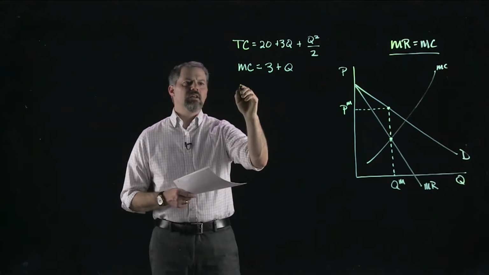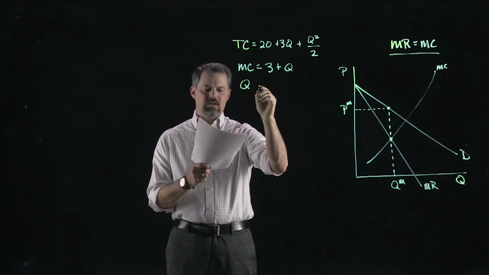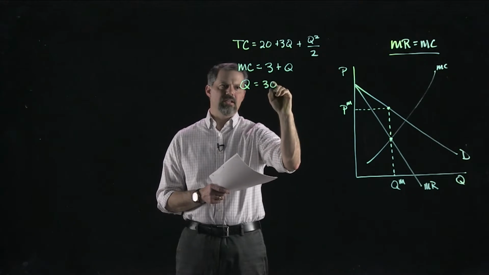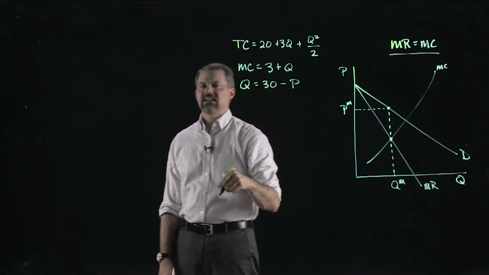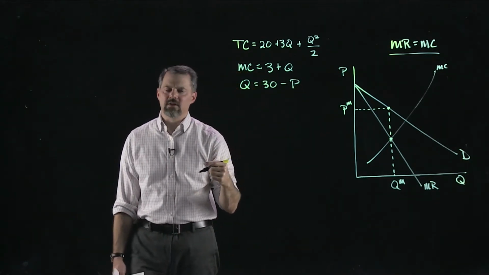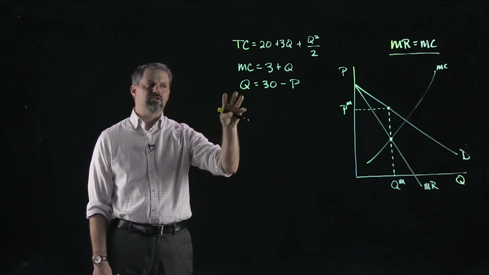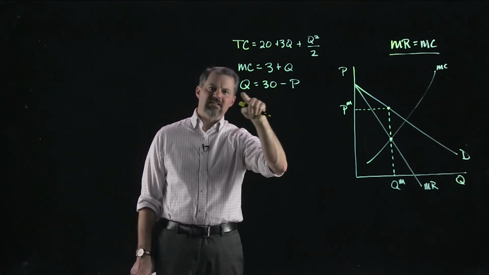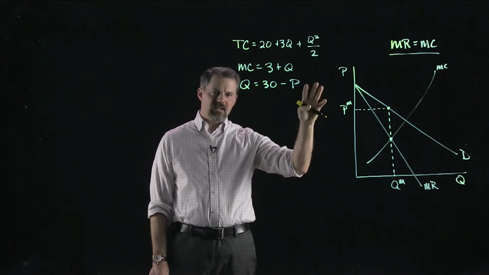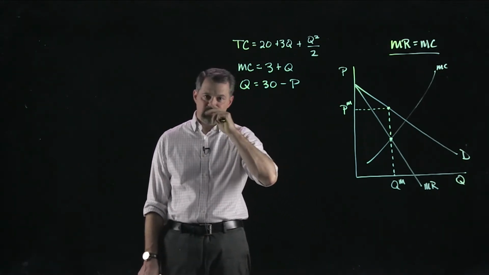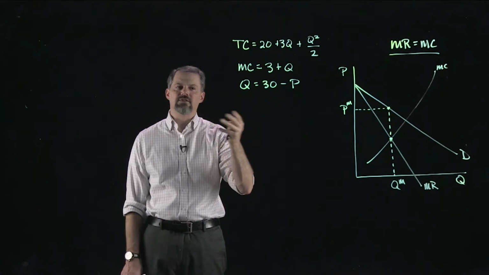Let me give you the demand curve. This is going to be the market demand curve. Q equals 30 minus P. That is the market demand curve. Notice that it is not the inverse demand curve. So you don't want to just all of a sudden graph this thing, because anytime you graph it, you need to make sure you're working with the inverse demand curve.